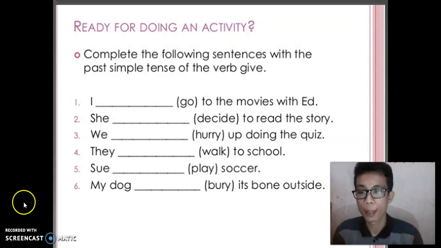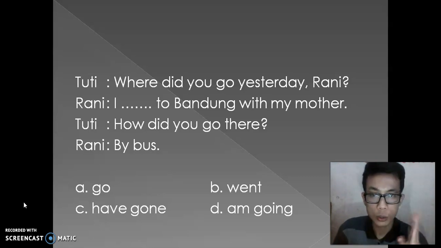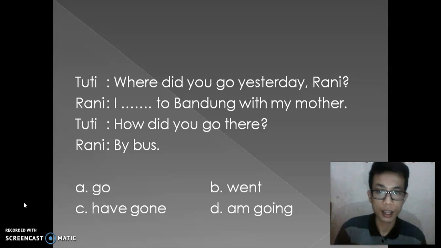Next. Oh, there is a conversation between Tuti and Rani. Let's read it together. 1, 2, 3. Where did you go yesterday, Rani? Rani answers, I blank to Bandung with my mother. Tuti said, how did you go there? Rani answers, by bus.